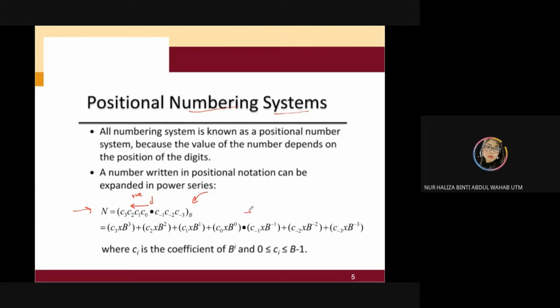After the fraction point, to the right, the powers will be negative.